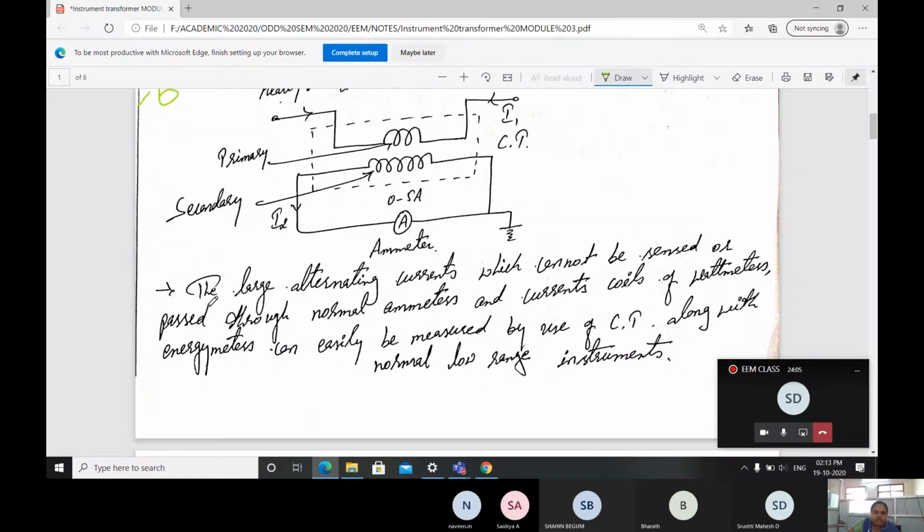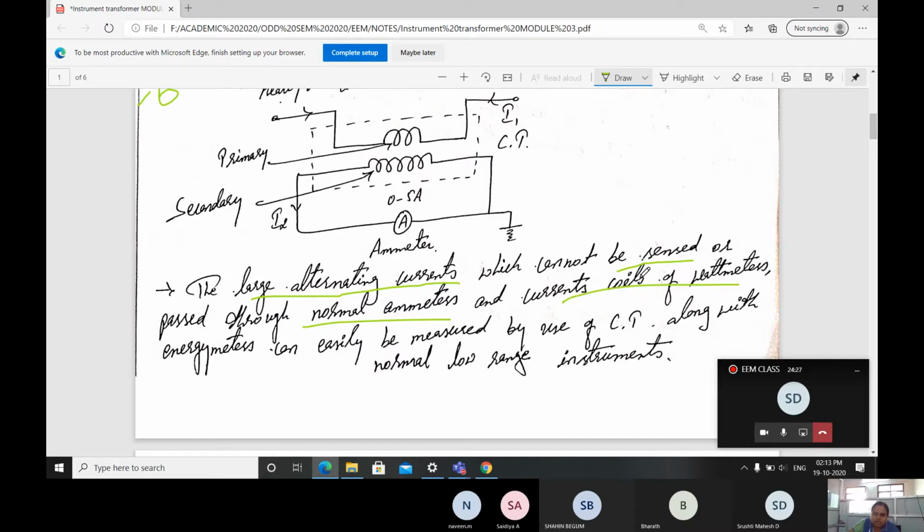Observe here, large AC currents which cannot be sensed are passed through the normal ammeters and current coils of the wattmeter.